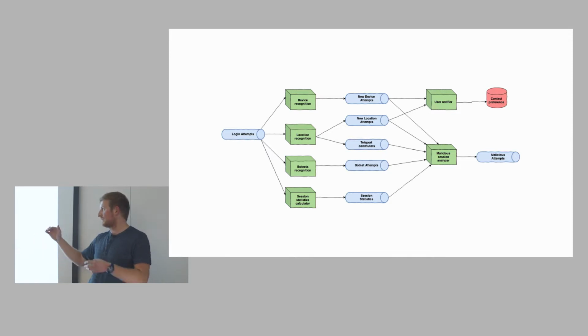So we will know that something is coming from new location and it's probably botnet IP, so we can emit this event to malicious attempts that can be further on consumed by some, for example, authentication provider that can terminate the session, can redirect them to some honeypot or whatever. But the key thing here is that we have all the means to react on such situation. Cool. So this is like the big picture.